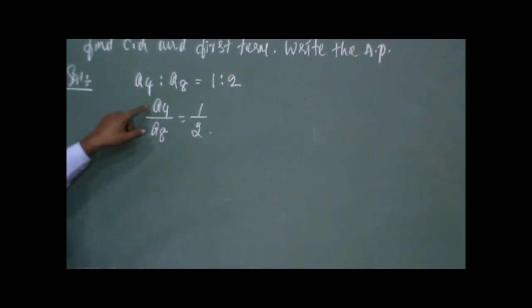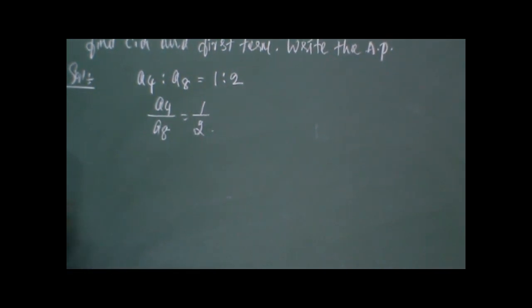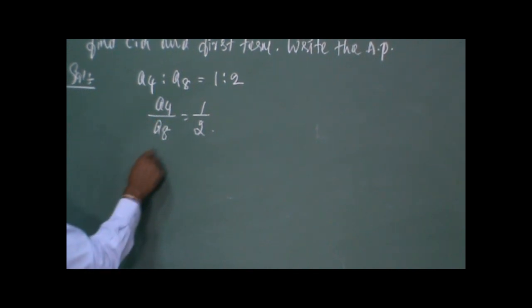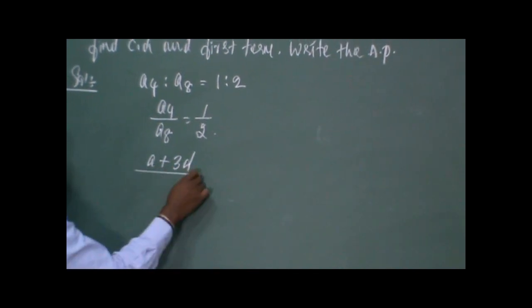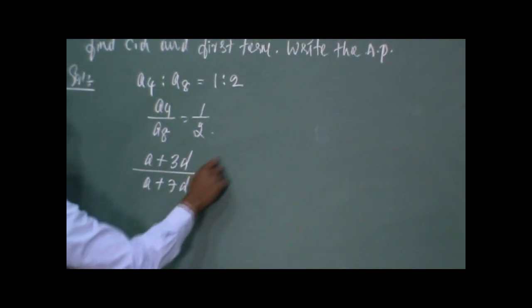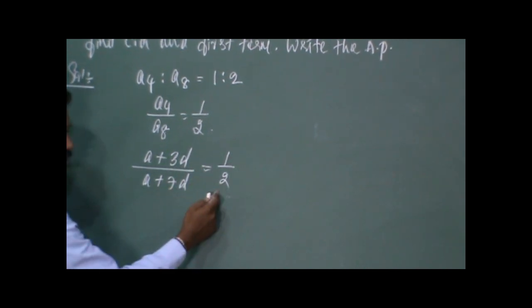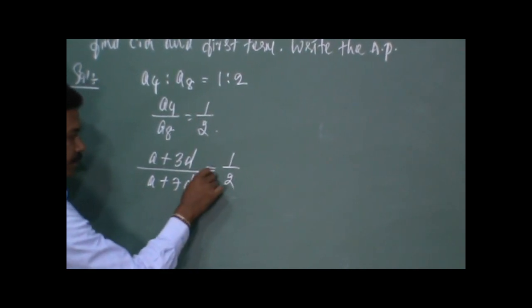Now define A4 and A8 based on the theory you have learned. A4 can be defined as A plus 3D, and A8 can be written as A plus 7D, so (A plus 3D) by (A plus 7D) is equal to 1 by 2. So there are two rational numbers separated by an equal sign.